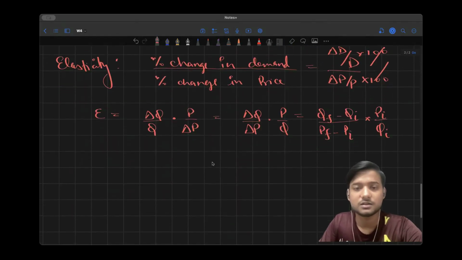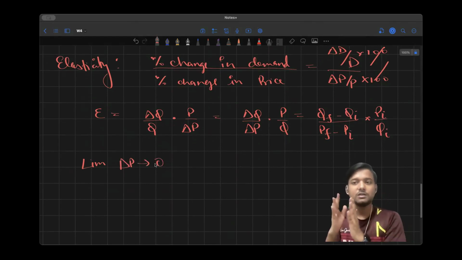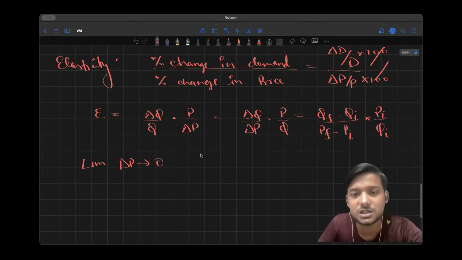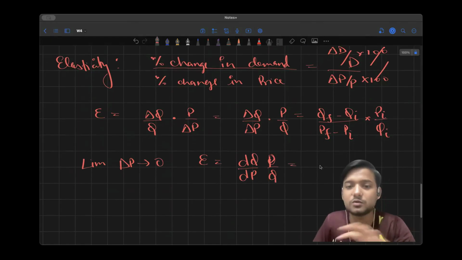And after this, if we take this limit, delta P tends to 0, basically I'm saying my price is changing very little, this thing would change into a derivative, and your elasticity would become dQ by dP into P by Q, right? And if we change this thing, you can do some transformation.